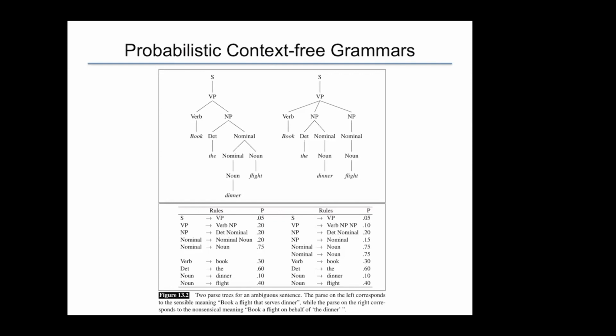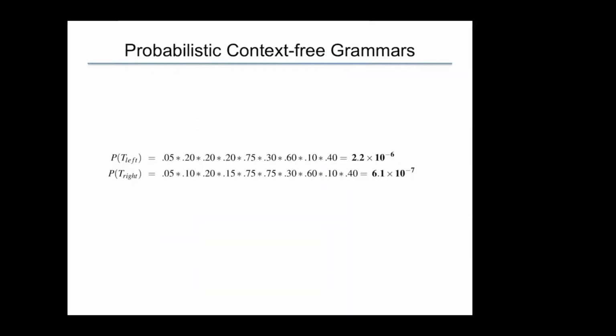And maybe you might be able to determine which is the more probable parse if you know all the probabilities of the rules, and then just compute the final probability and compare between them. So it's just an example, and we saw that we just have to multiply everything.